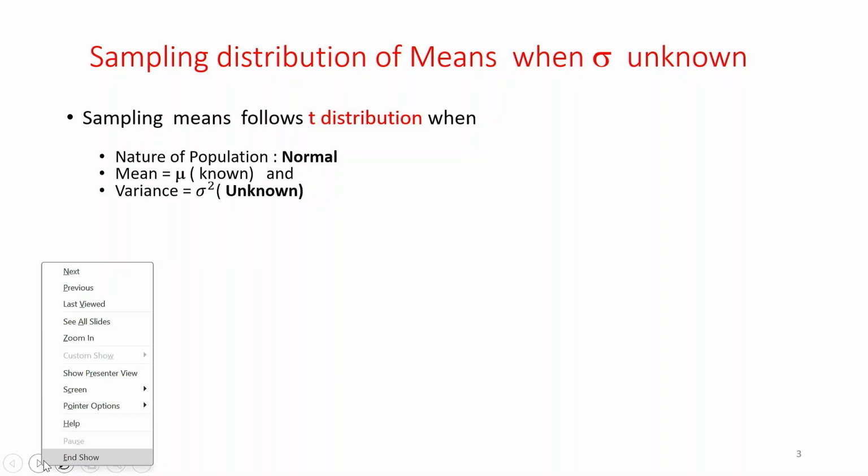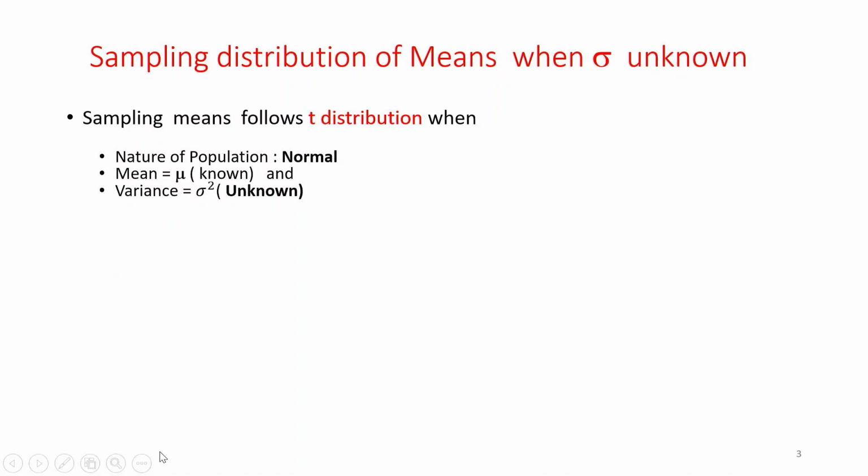That is, we know the nature of the population, which is normal. The mean of the population is also known to us, but what is unknown is the variance or the standard deviation of the population. This was not discussed earlier.